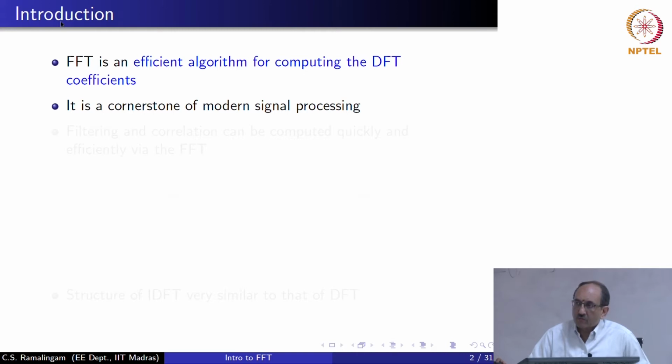In 1965, the FFT algorithm was discovered, and that really turned signal processing upside down. Until then it was a curiosity, not of much interest because it did not have much practical use. It did not have much practical use because the implementation turned out to be extremely computationally burdensome.